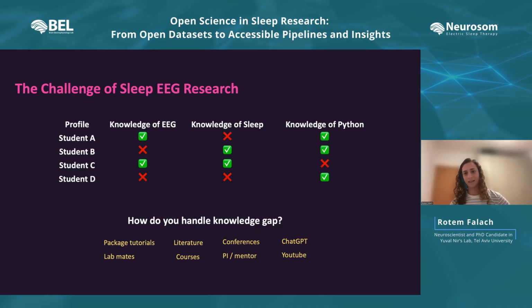Today, of course, we have AI, which makes everything much easier, but we need to be careful with that. And that's how we gather pieces together into our new research skills. So I did it. It took quite some time, and for sure I'm still learning new findings, new methods.